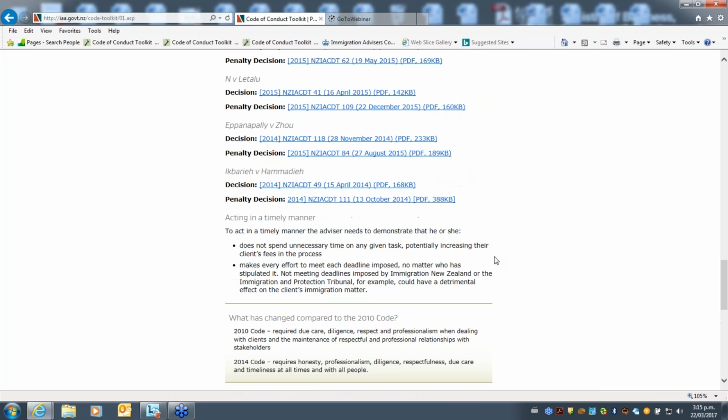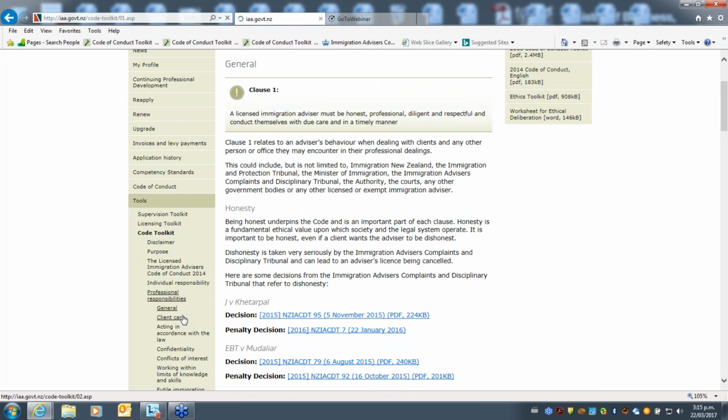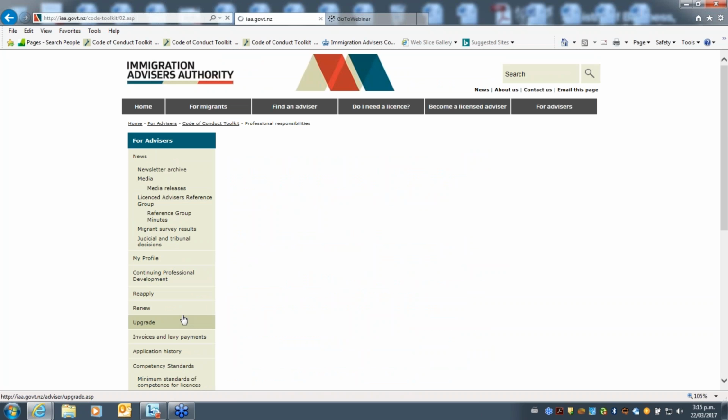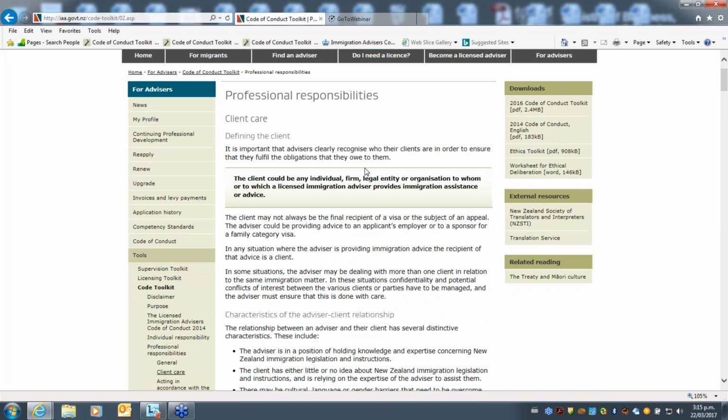So that is our first clause, and then we go on to clause 2. So clause 2 is about client care, and we do talk up front about how you define who your client is.